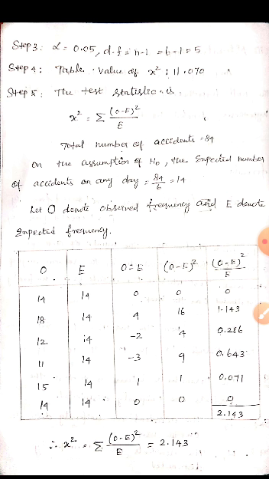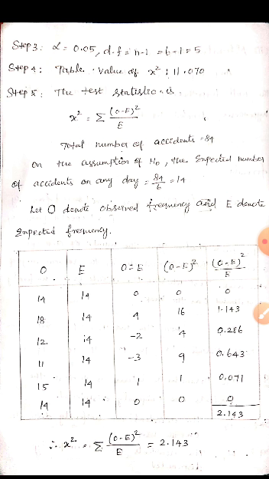Step 5: this is the formula for the chi-square test, summation of (O minus E) whole square divided by E, where O is the observed frequency, E is the expected frequency, and the summation applies to the whole expression. Then find the total number of accidents by adding all the data.